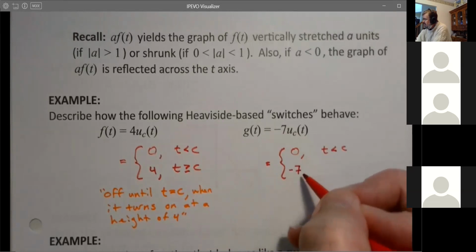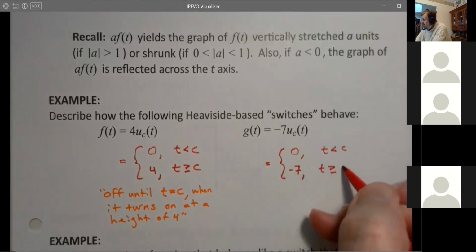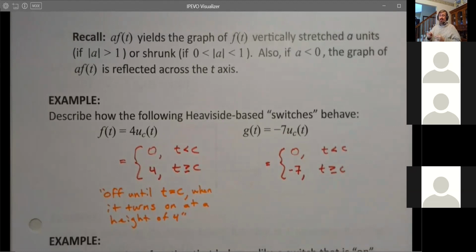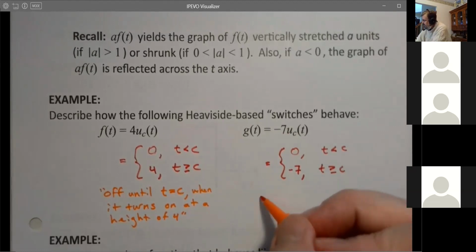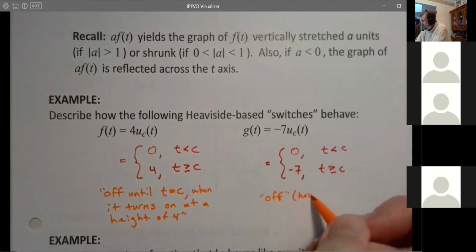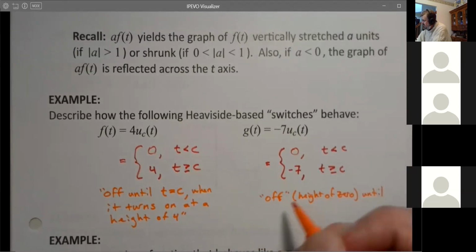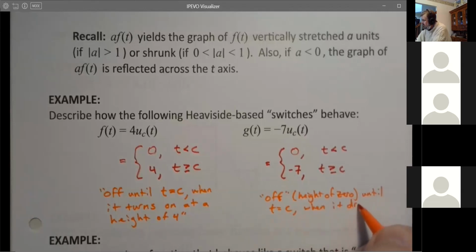So we have a way to make a step up, but we also have a way to make a step down, if you want to think of it that way. Right? So you could think of it as off, that's really a height of 0, until t equals c when it drops down to y equals -7 thereafter.